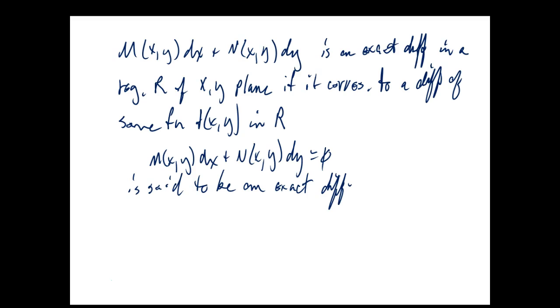Boy, it's saying it is an exact differential if there's some region there, and this is called an exact differential equation if that forms an exact differential. I mean, how circular can you get here? Okay, but really I hope it's making more sense.